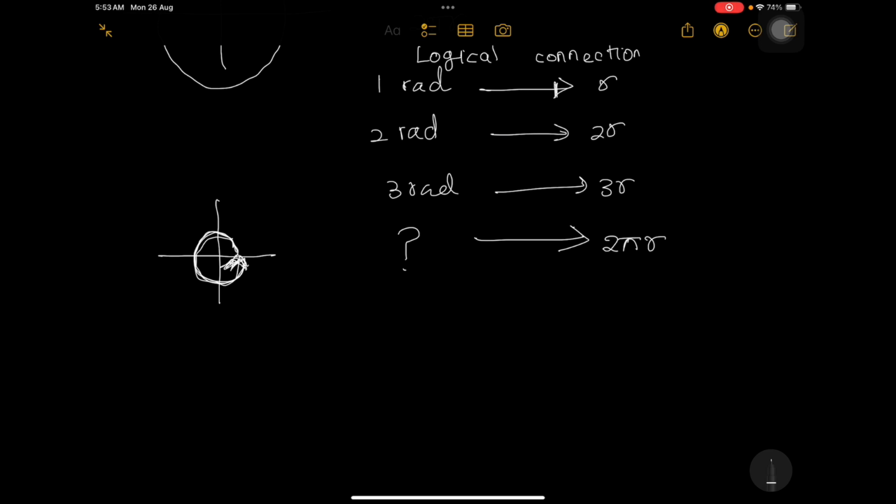It is obvious that 2 pi r divided by r is 2 pi. So the complete angle of a circle is 2 pi radian. We derived this from the logical connections from the definition of radian.